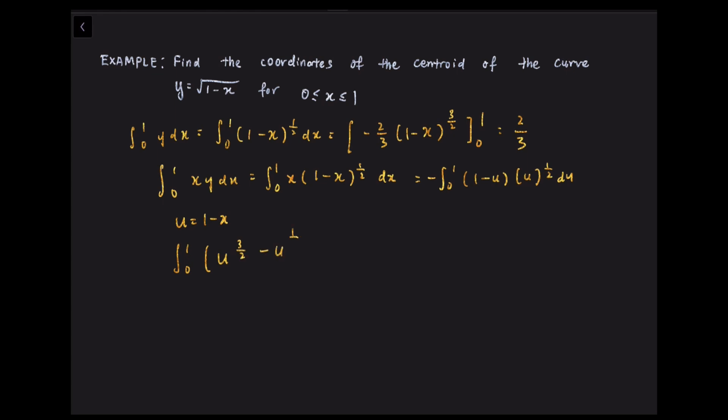Simplifying the integral, we will obtain 4 over 15 as our answer. Hence, cx is 4 over 15 over 2 over 3, which equals 2 over 5.